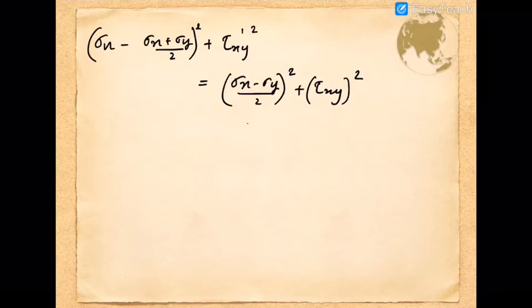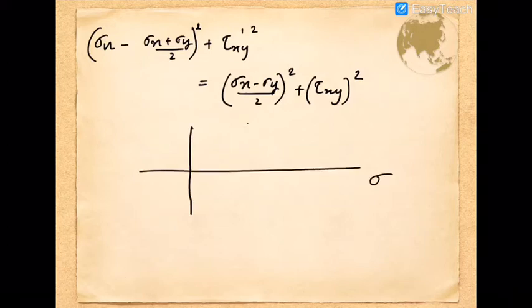From that perspective, we can say the Mohr circle can be constructed with the normal stress sigma at an arbitrary plane along the x-axis, and the shear stress along the vertical axis.